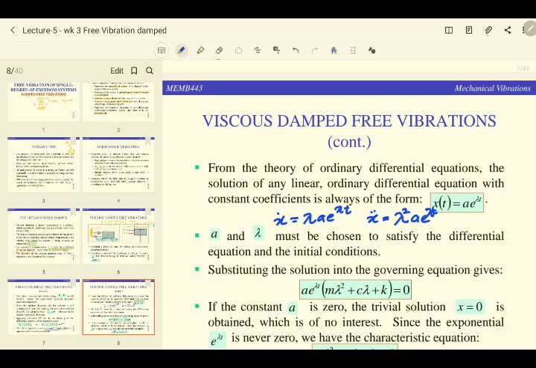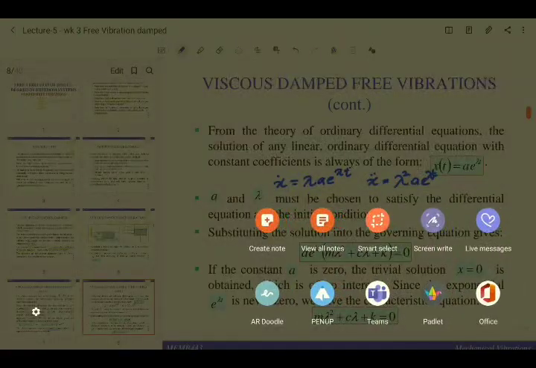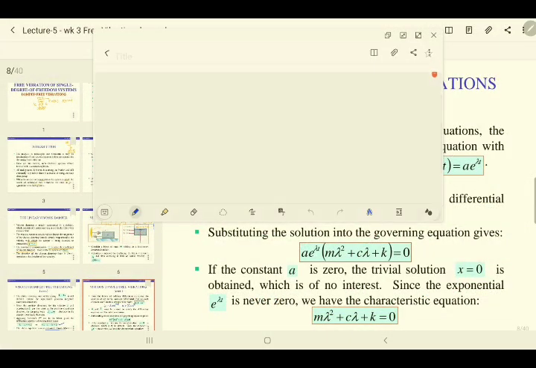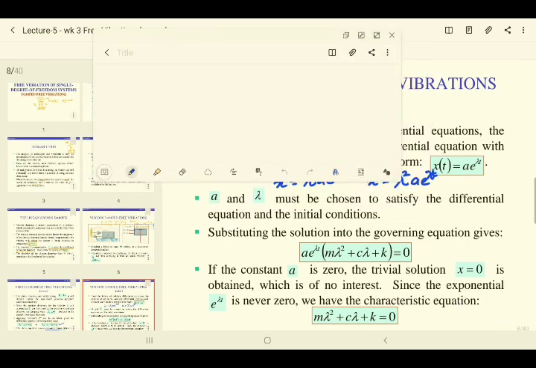So remember the equation. If you remember, your equation is m x double dot plus c x dot plus k x equals 0.